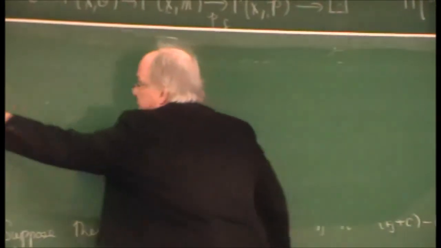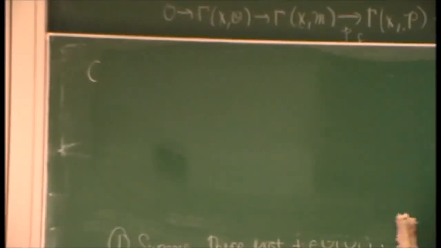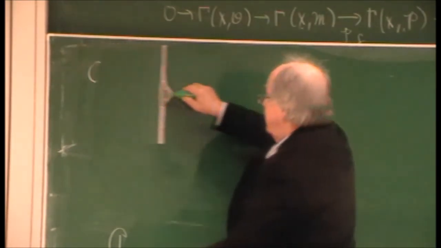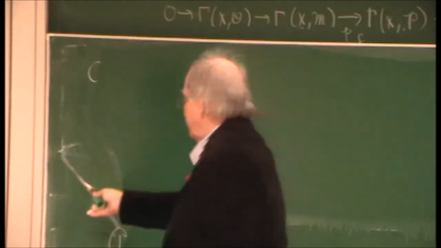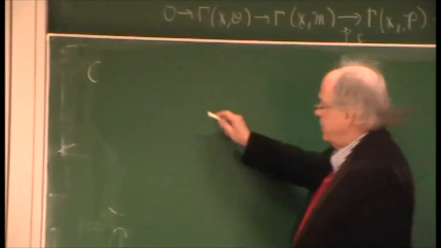What I very briefly introduced you to, and I'll go through in detail tomorrow, is the first step to Čech cohomology, namely what I just said. That the exact sequence then extends.